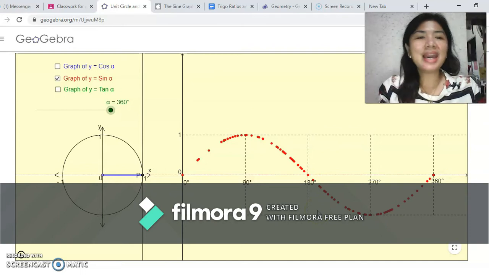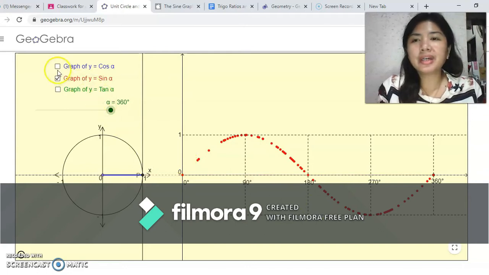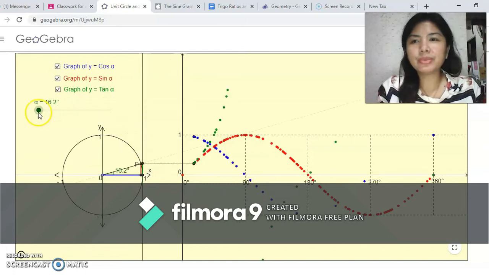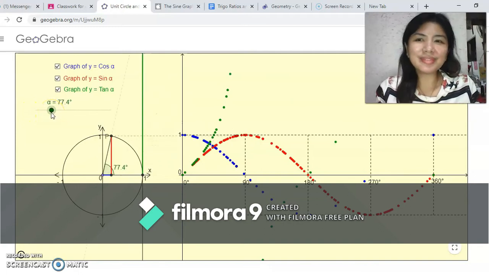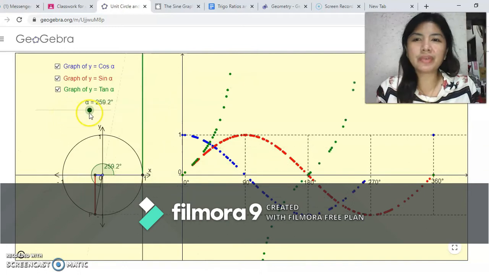And we're not really focusing or touching much yet in this video the cosine function, but I'll show you as well how the cosine function graph looks like. So let's increase the angle, going to the second quadrant, third quadrant, fourth quadrant.